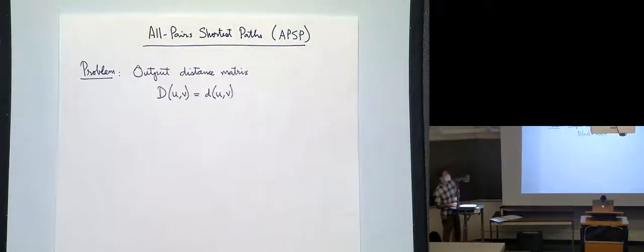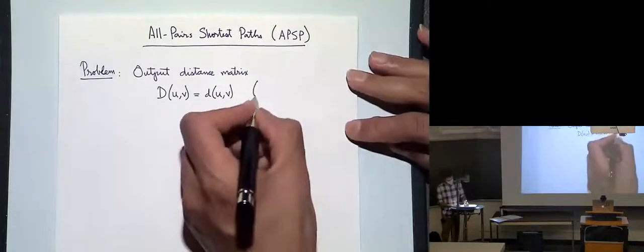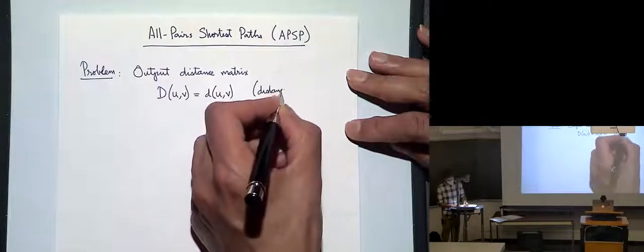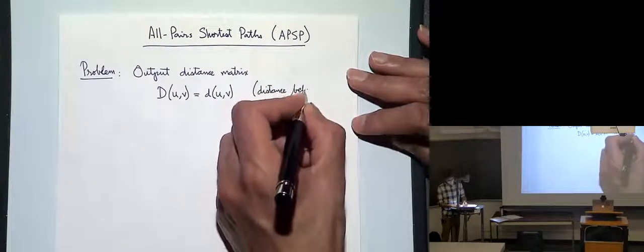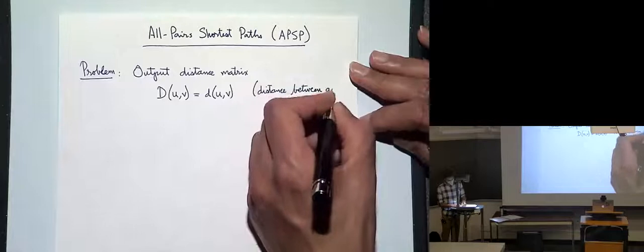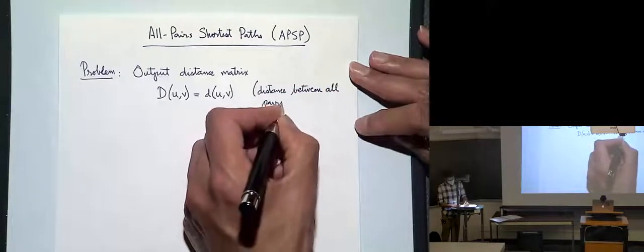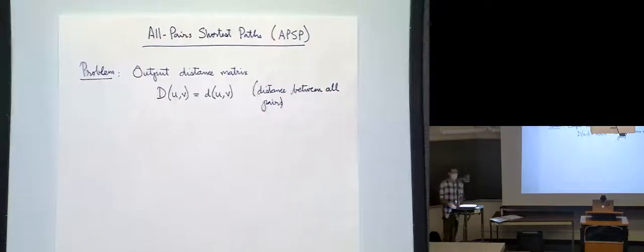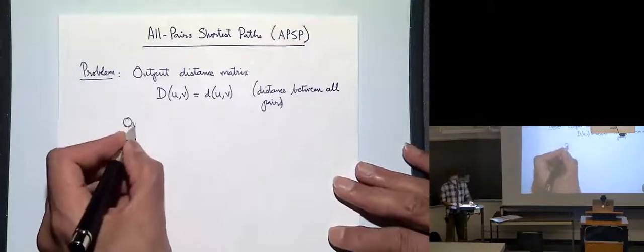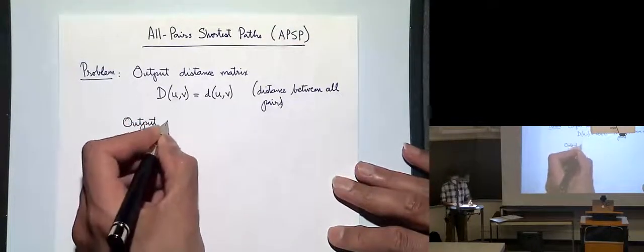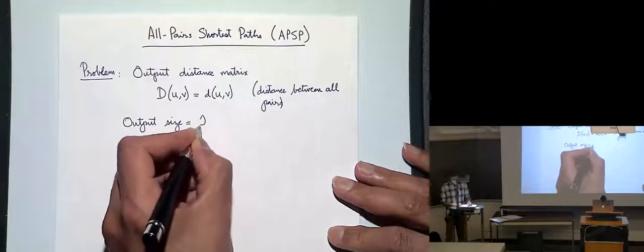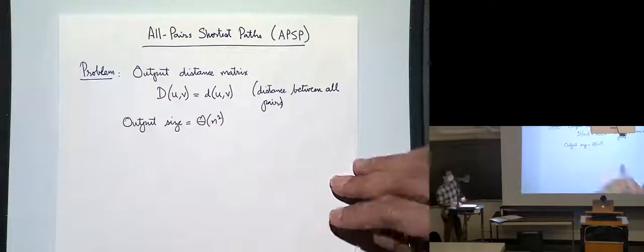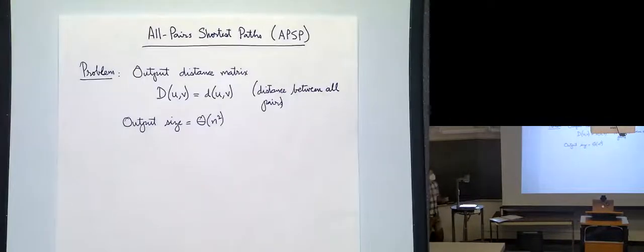You have to look at all possible sources. So find the distance from everywhere to everywhere. This is the distance between all pairs. Note that in this case, the output size is quadratic.